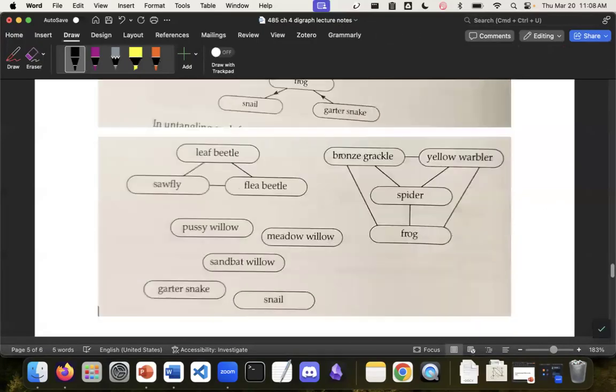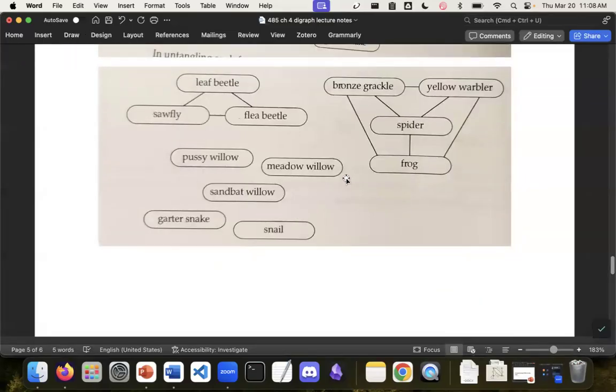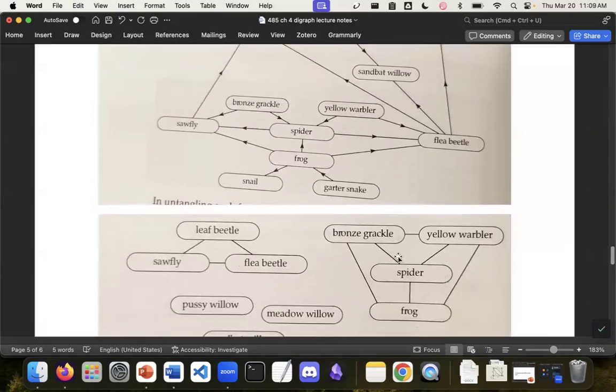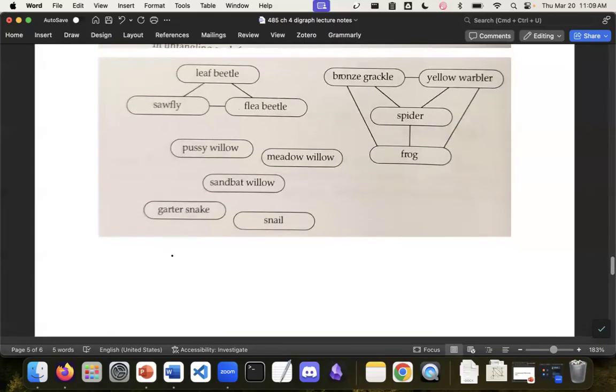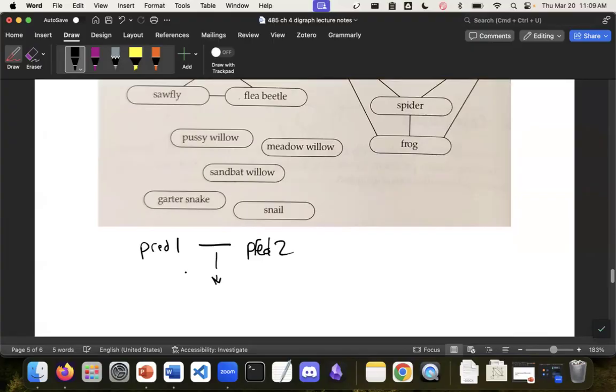So this is a competition graph for the one above. Two predators being adjacent, predator 1 being adjacent to predator 2, means that they share some prey.